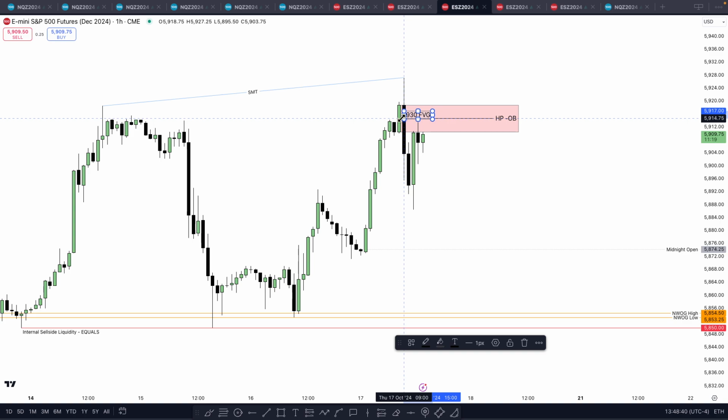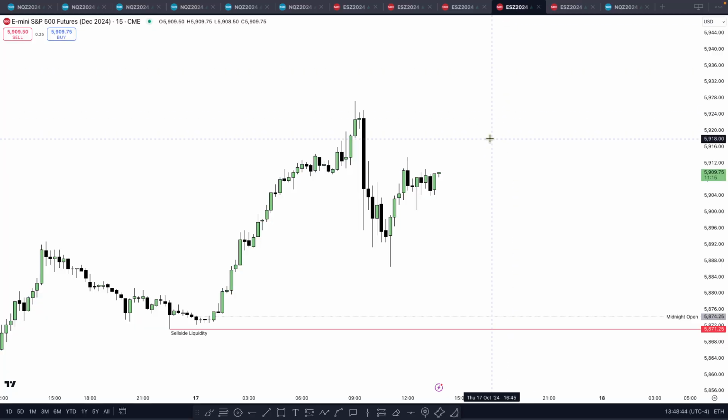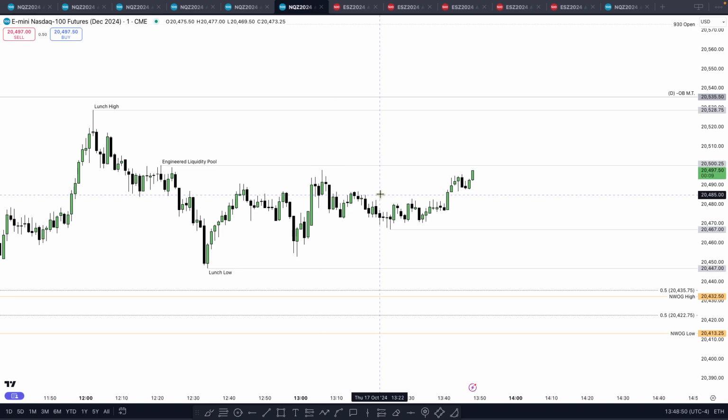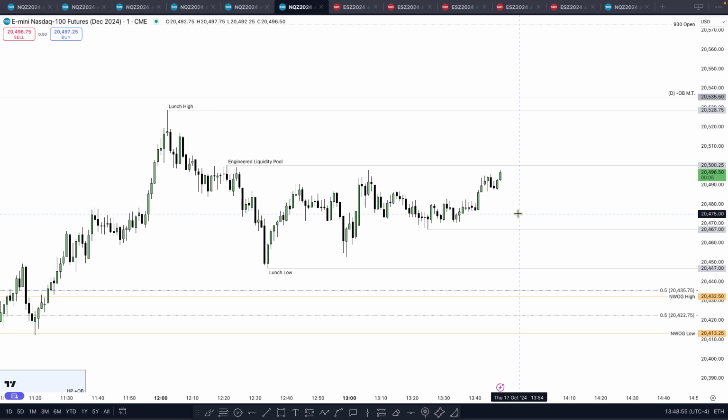The 9:30 fair value gap is right above the mean threshold of that bearish order block. Looking for clues, looking for signatures, waiting for time and price to align. And we'll have that macro window in about 1 minute now.